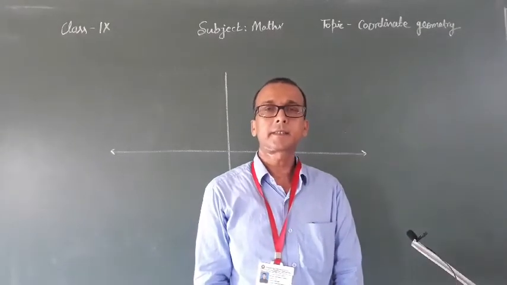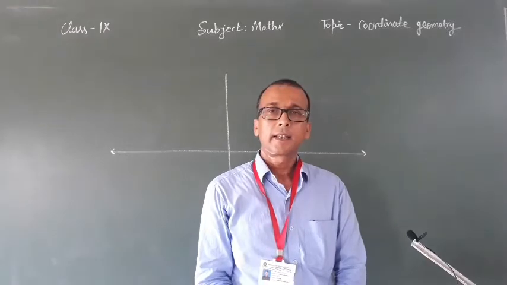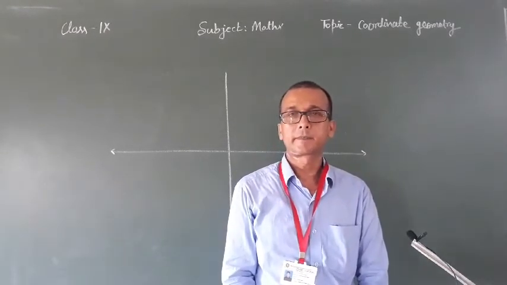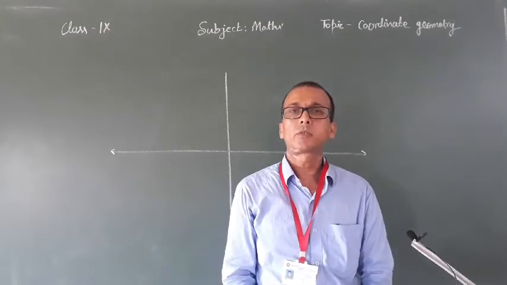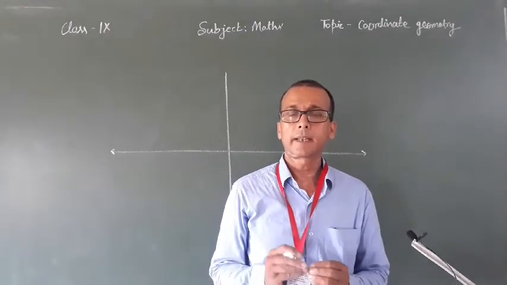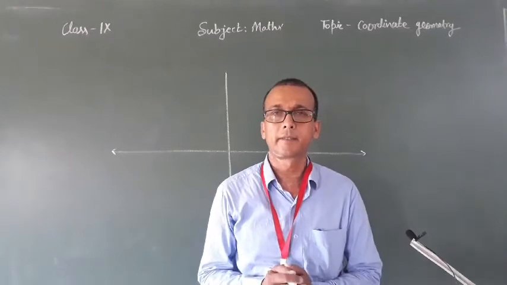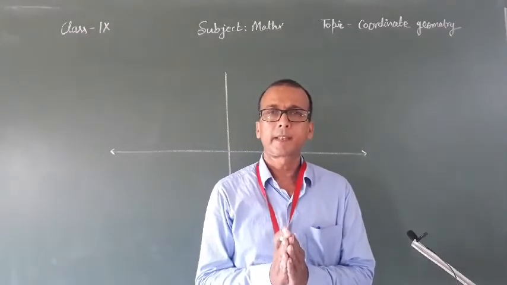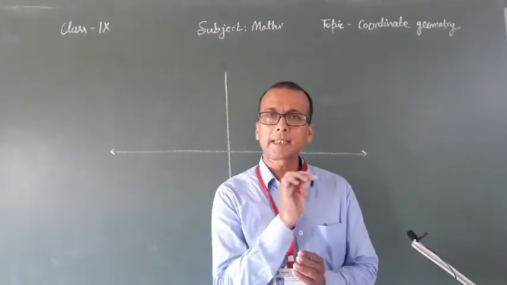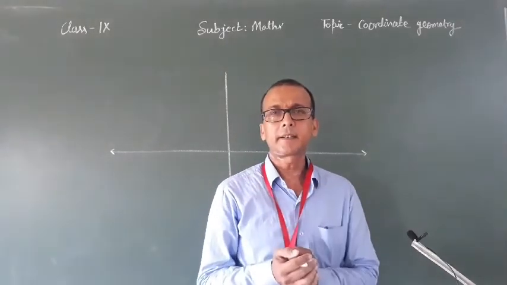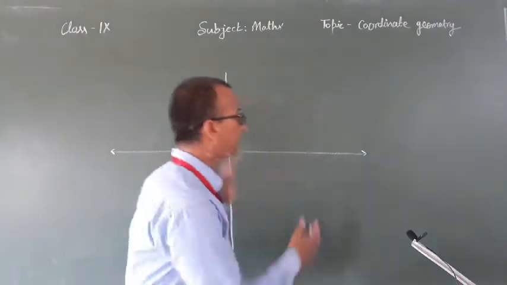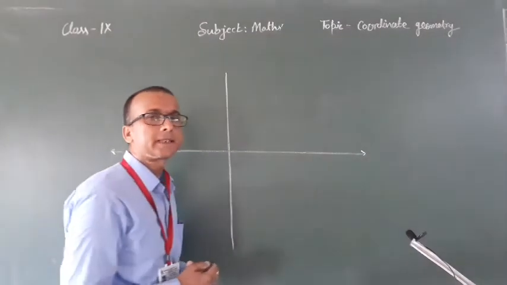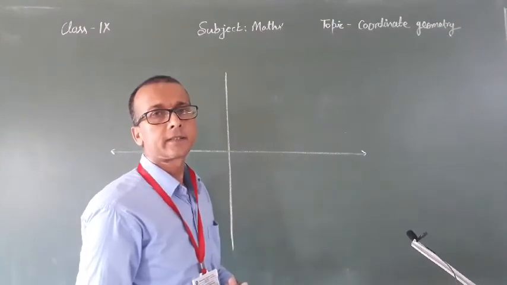As we have discussed, in the Cartesian system we can represent any point. So to represent a point, what do we do? First of all, take a graph paper and draw 2 lines in the center of the graph paper like this. These 2 lines will represent the axes.